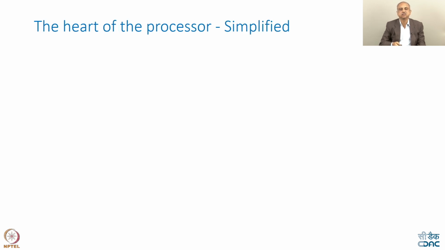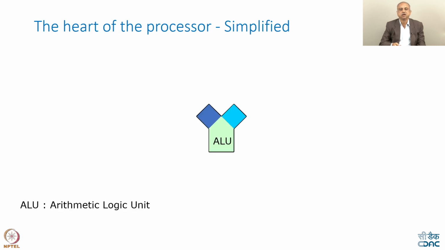Now, how are these instructions run on the CPU? Inside the CPU there is an element called the arithmetic logic unit. This arithmetic logic unit is the heart of the processor. It can perform arithmetic as well as logic operations.